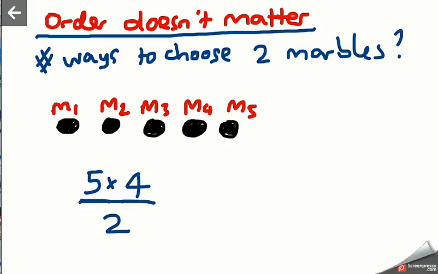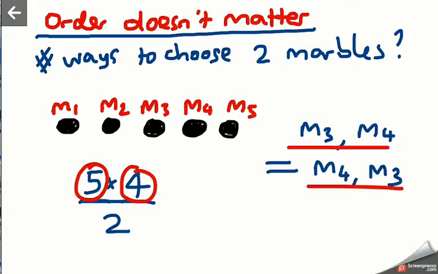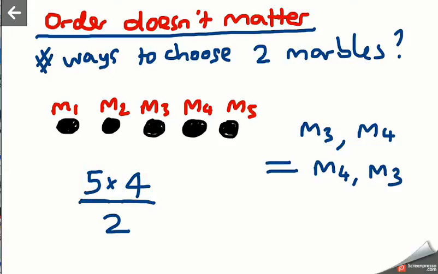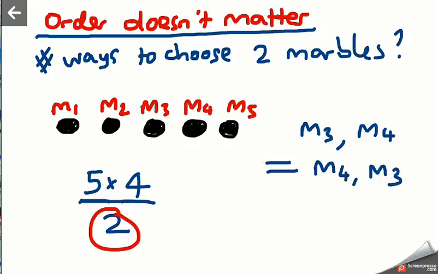I don't want M3 and then M4 to be different from M4 and then M3, but by just blanketly calculating 5 times 4 without dividing by 2, it's treating them as different choices. Dividing by 2 will count these 2 as the same choice. They're both going to be counted as one of the 10 choices.